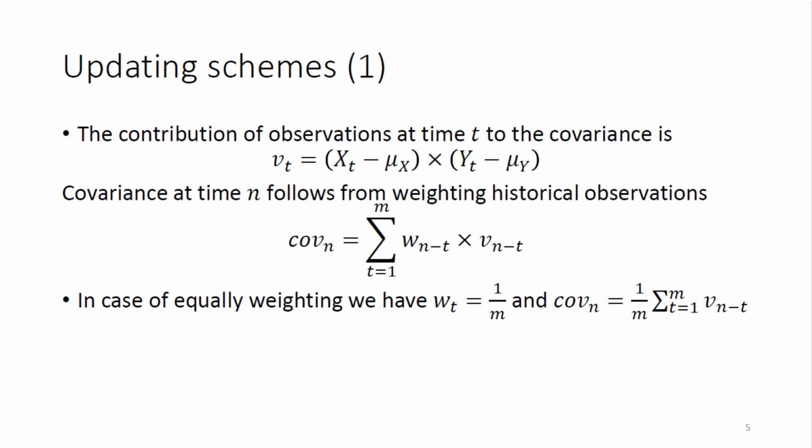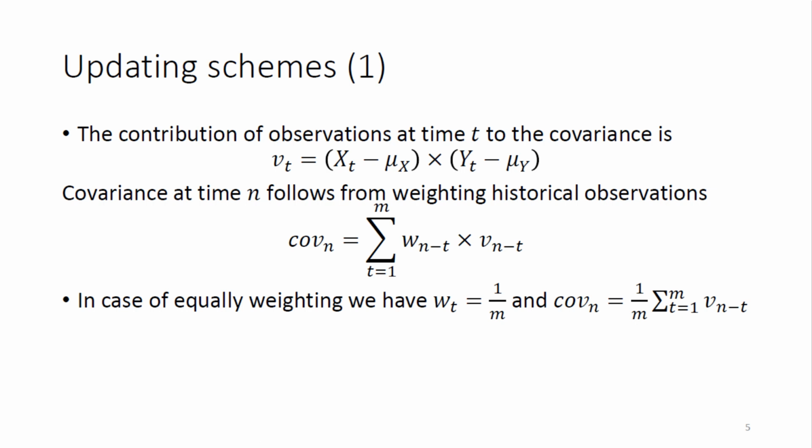So then next, if we move to updating schemes, if we believe that covariances and correlations are not constant over time, then what is important is to understand what is the contribution of observations at a particular moment in time. So assume I look at observations at time t.